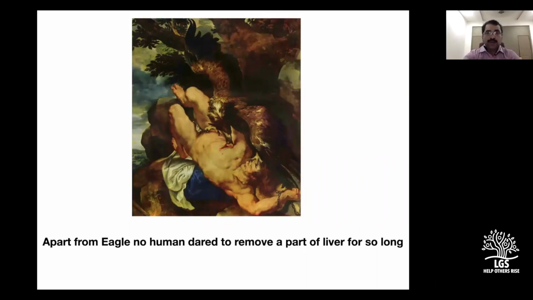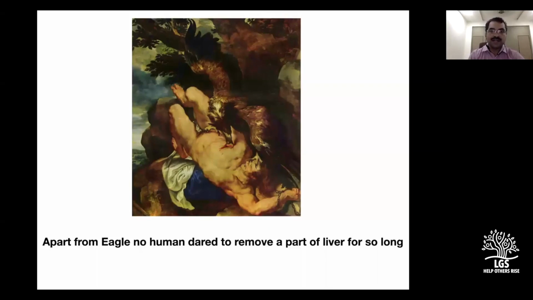So, no discussion on liver anatomy without this picture. This is a very famous picture based on Greek mythology. This eagle represents the first person who identified the regenerating capacity of the liver. This is the story of Prometheus. He was punished by God for stealing the torch from God and giving fire to mankind.